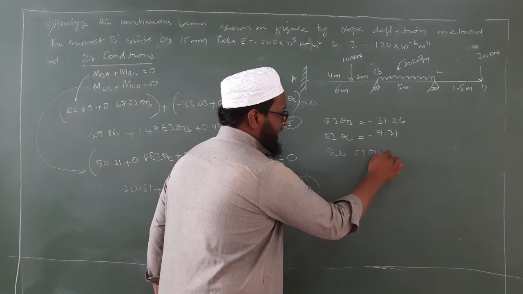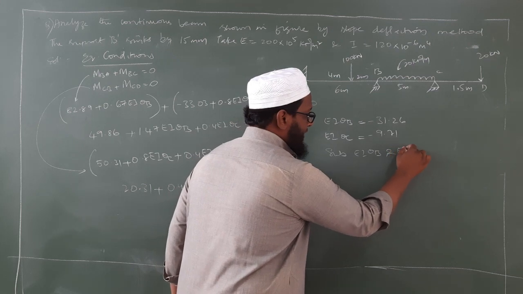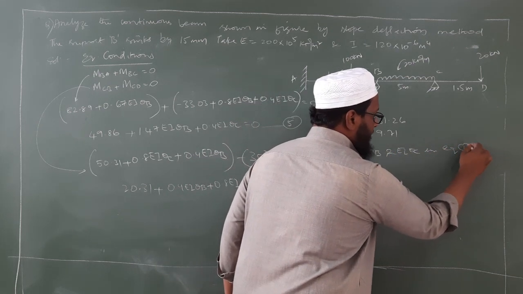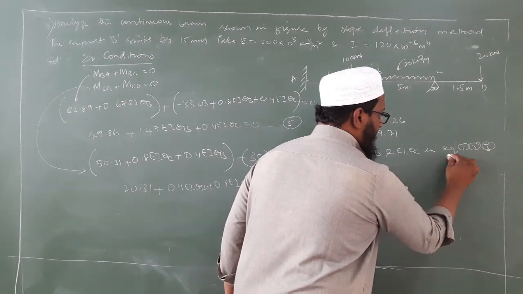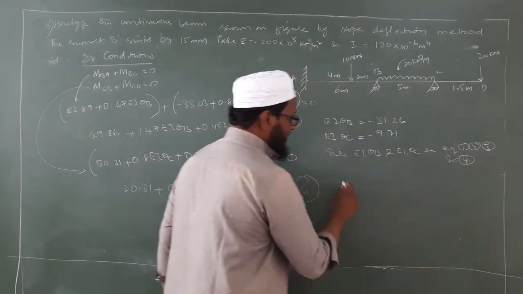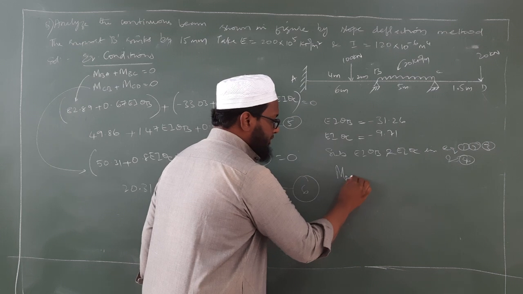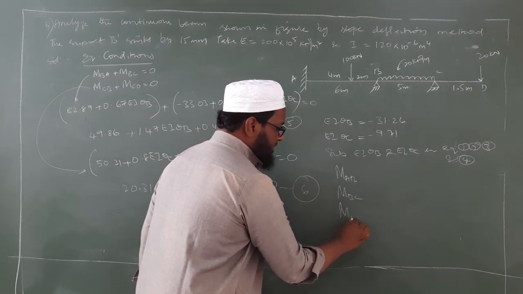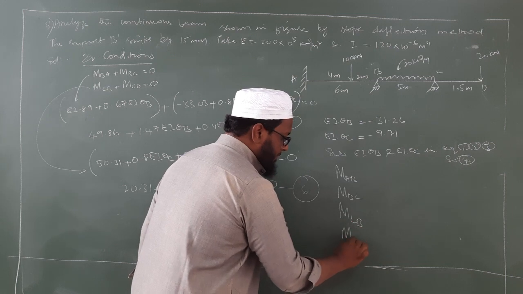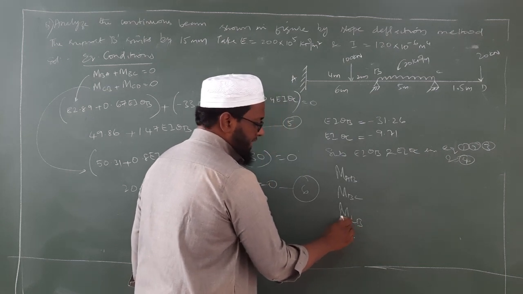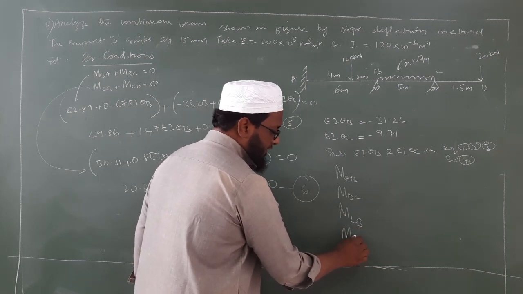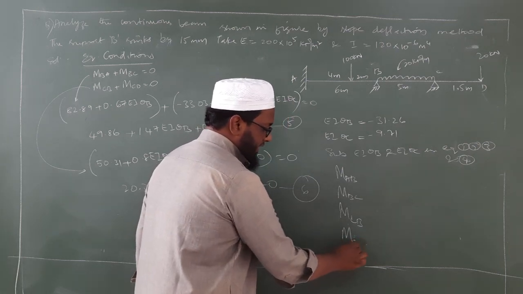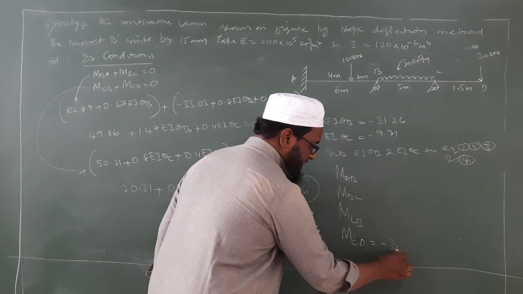Okay. Now once you substitute the value of EI theta B and EI theta C in equation number 1, 2, 3 and 4, you will get the value of capital MAB, capital MBC, capital MCB, and finally we have MCD. MCD is already there, that is minus 30.